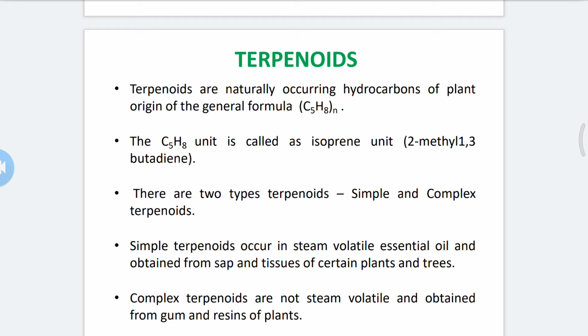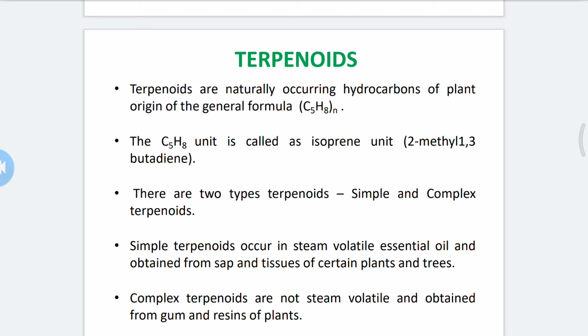There are two types of terpenoids: simple terpenoids and complex terpenoids. Simple terpenoids occur in steam volatile essential oils and are obtained from the sap and tissue of certain plants and trees.